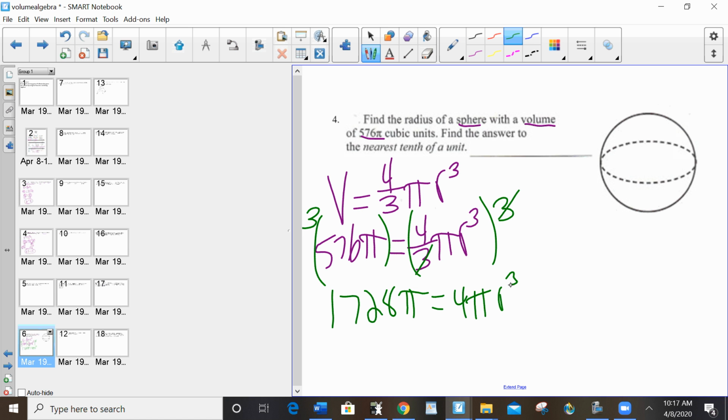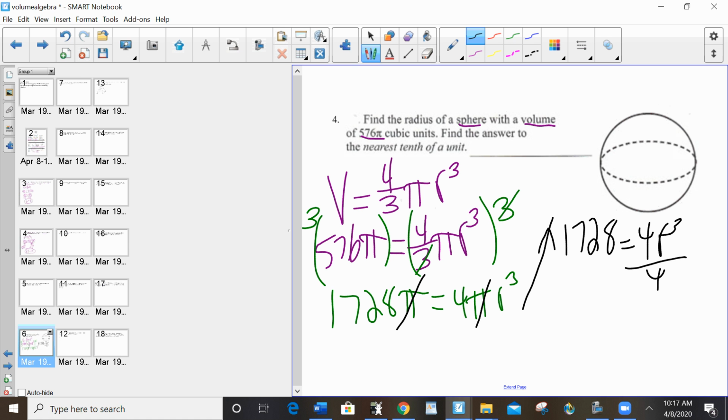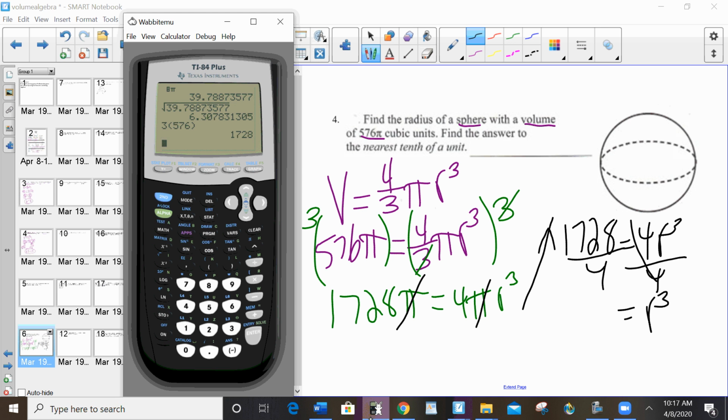Now, you see how I have pi's on both sides? I can just cancel them out. So I have 1728 equals 4r cubed. Next, to get r by itself, I divide by 4. 1728 divided by 4 is 432.